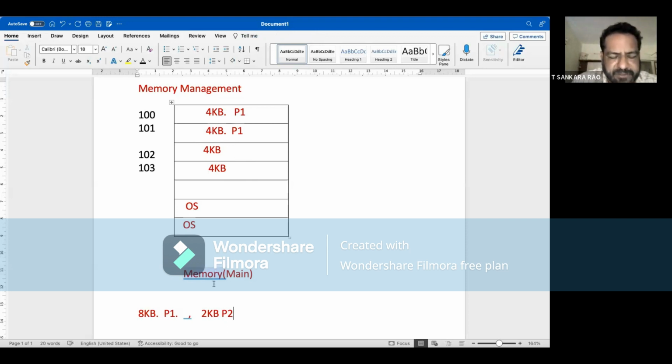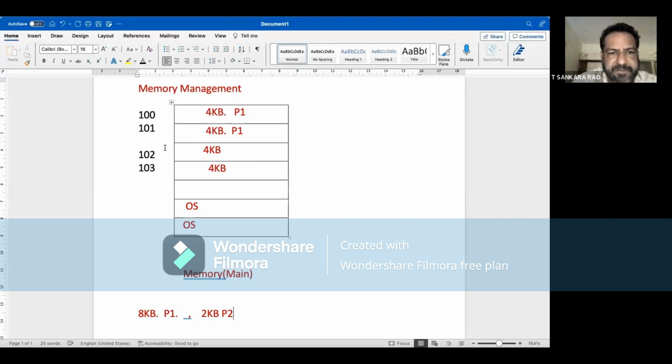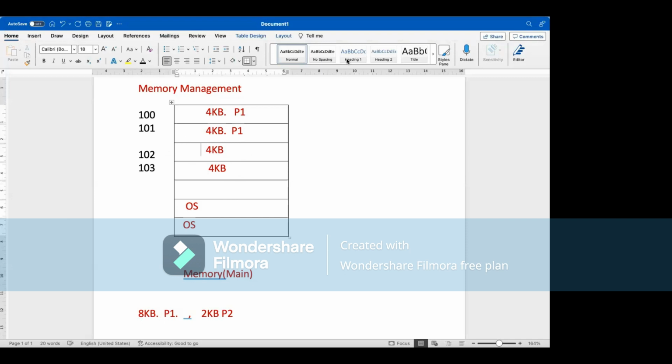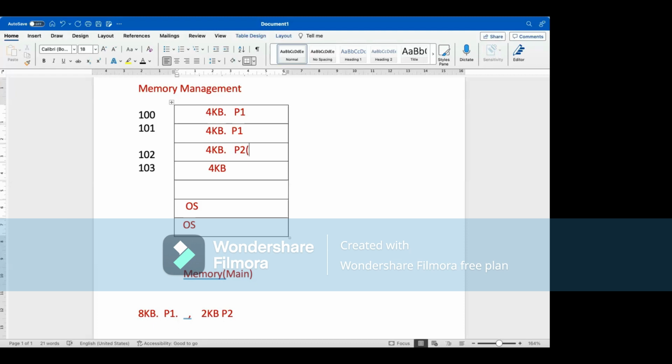Now where is process P2 stored? Which location? 102, sir. Yes, 102. So in 102, P2 is stored, but it is only of size 2 KB.